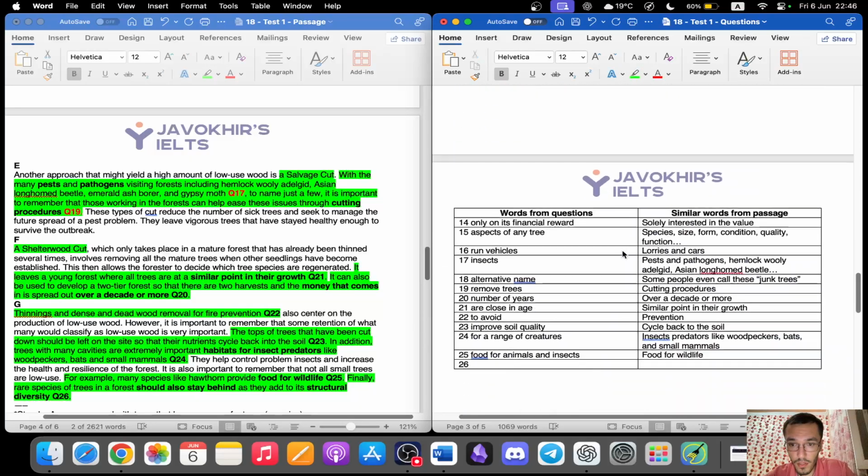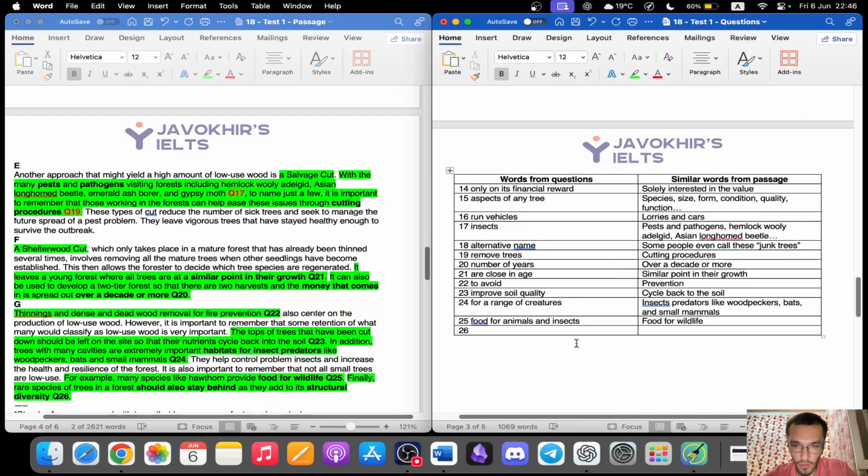This part should be left to grow. Means should also stay behind for structural diversity. There you go, guys.